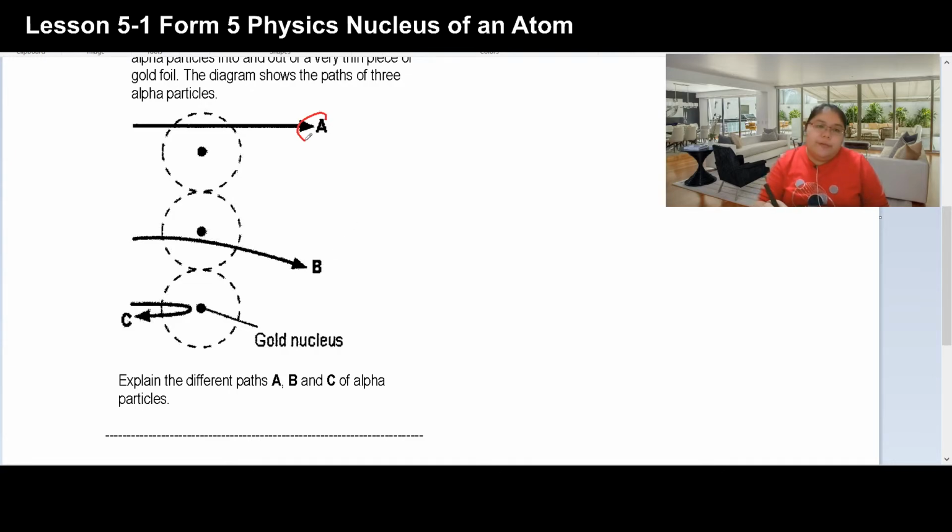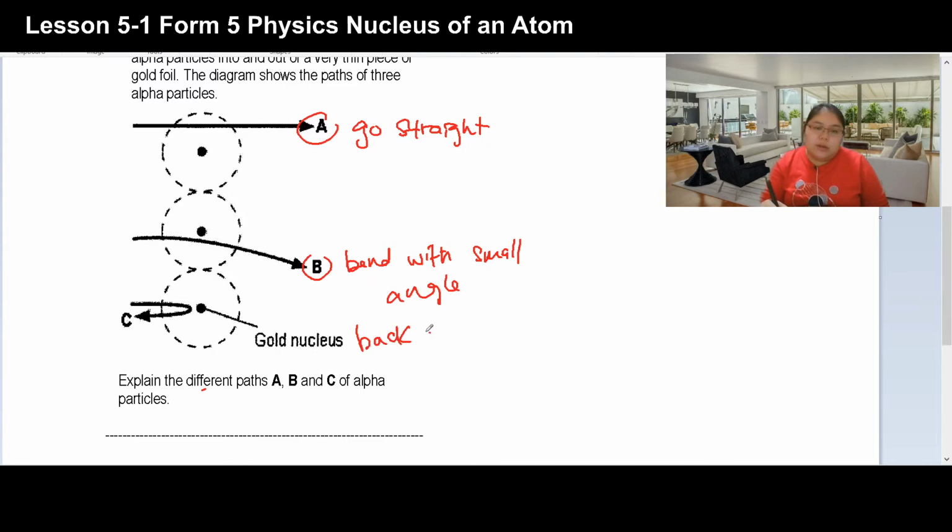First one is A, goes straight. Okay, B bends a little bit with an angle, so we call it bend with small angle. Okay, and the last one, can you see they bounce back? So this one bounces back, so later you need to explain why they go back.